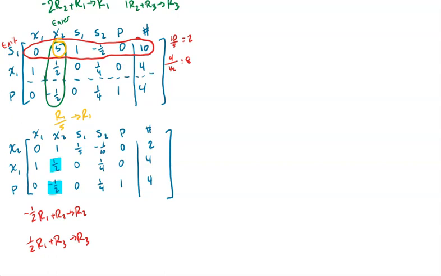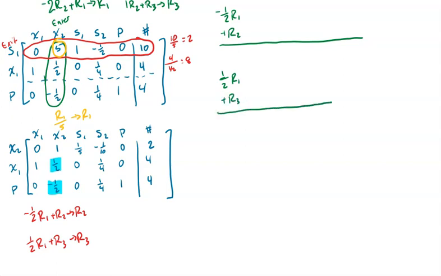All right, so let's go ahead and do those. Starting with negative 1/2 row 1 plus row 2, and then positive 1/2 row 1 plus row 3. All right, let's go ahead and start with the negative 1/2 row 1 plus row 2.